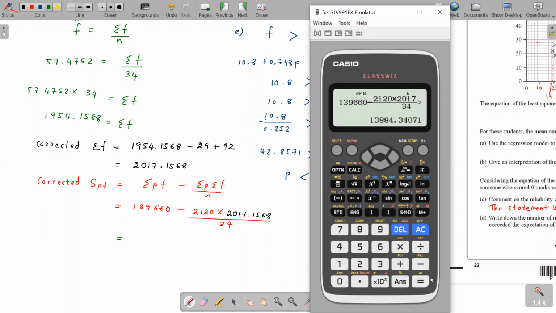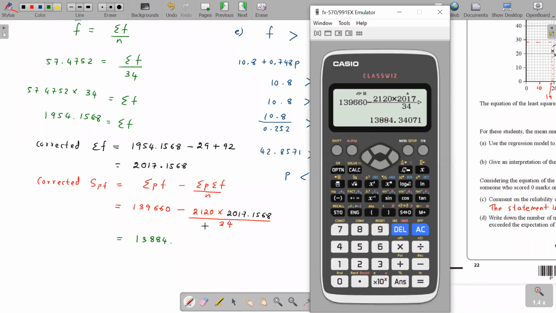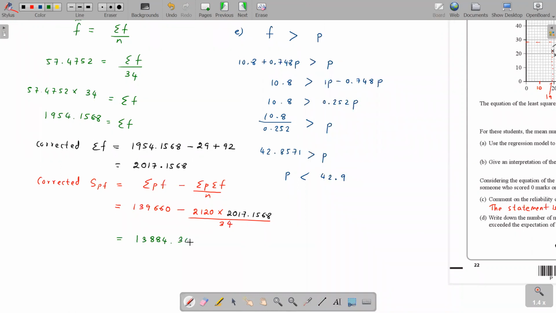This is okay, I have used all exact figures here. Am I correct? Sigma PF minus sigma P sigma F over N, this is the equation for SPF.